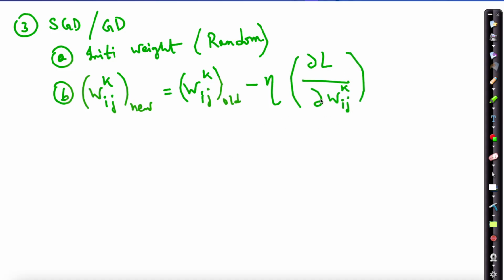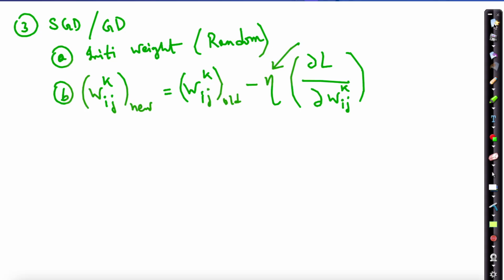We have already done it earlier for a single neuron. Here we are doing it for many neurons, a multi-layer perceptron, so it is very similar. The concept of learning rate I'll explain in a different video on SGD, where I'll show diagrammatically how it works. Right now just understand that the learning rate is a hyperparameter, so let us give it some random value. This is how the update rule works.